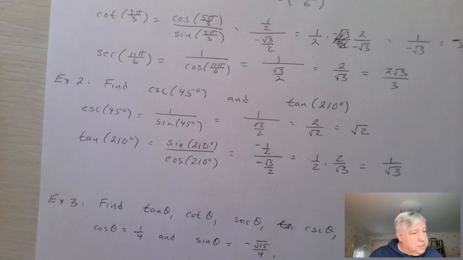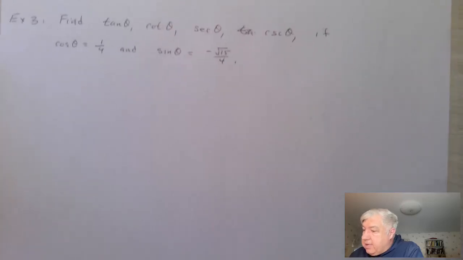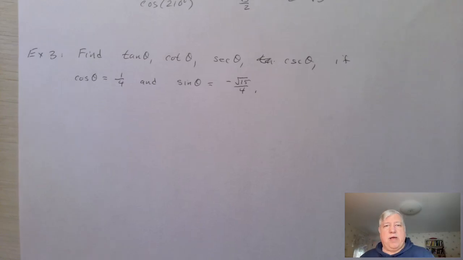Okay, good. So now let's look at this one. If we're given the value of one trig function, we can find all the other trig function values if we have one more piece of information about whether something's positive or negative.